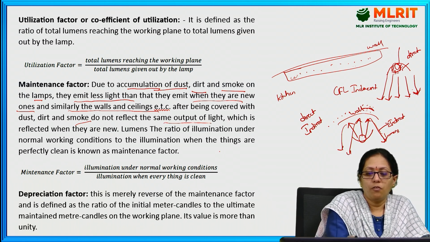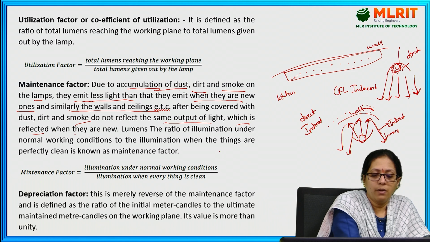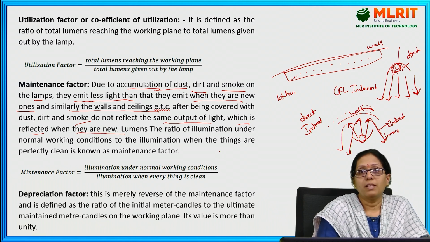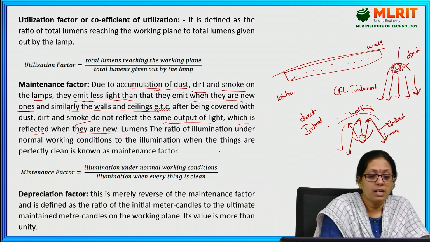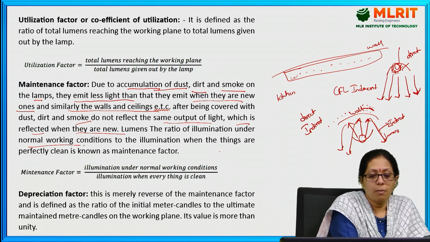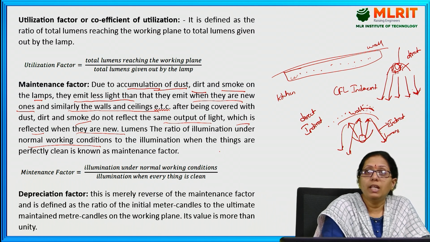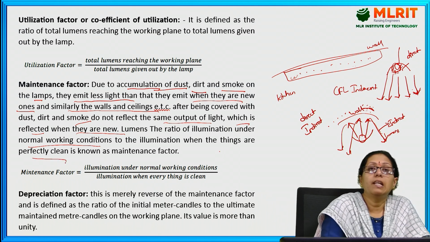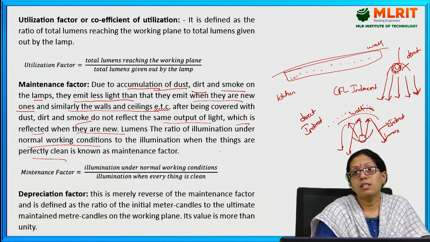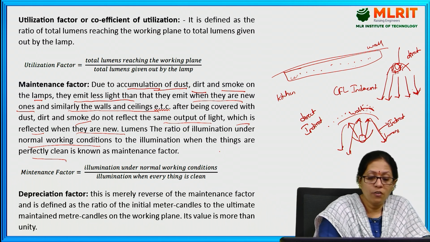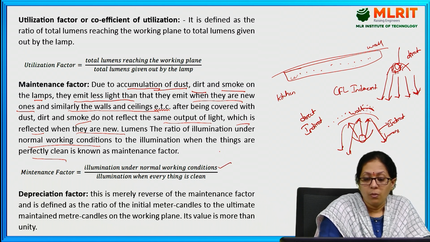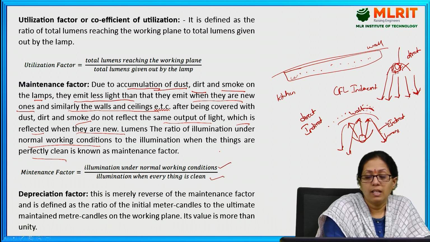Same output of light which is reflected when they are new. So the maintenance factor is the ratio of illumination under normal working conditions to the illumination when the things are perfectly clean. Maintenance factor is nothing but the ratio of illumination under normal working condition and when everything is clean.